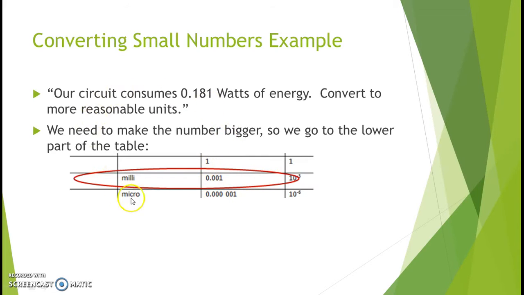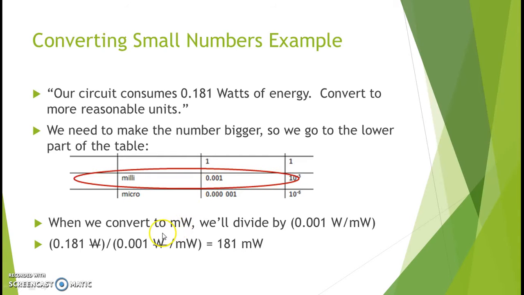And so we say, okay, let's convert watts to milliwatts, and that'll mean that we'll be dividing by 0.001 or multiplying by 1,000. So we divide by 0.001 watts per milliwatt, and when we punch this into our calculator, dividing 0.81 by 0.001, we get 810 milliwatts.